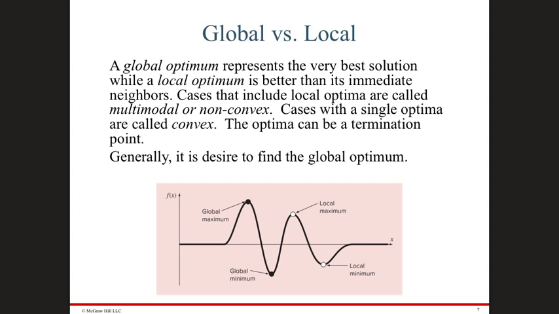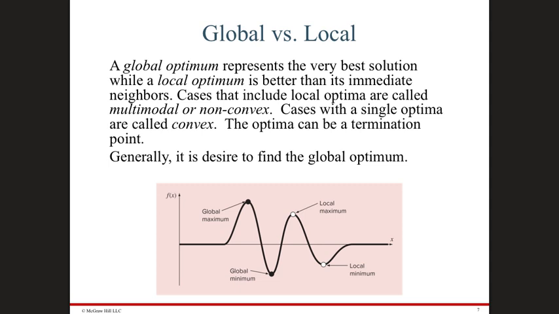Now the global is, if you are looking for the maximum, the highest among all those. That's the global maxima. And the global minima is the lowest among all the minimas that you will encounter, okay? Those functions that have multiple maxima and minima are called multimodal functions, or generally speaking in the literature, they call them non-convex functions, because a convex function or a concave would have only one optima or one value or one hill, right?